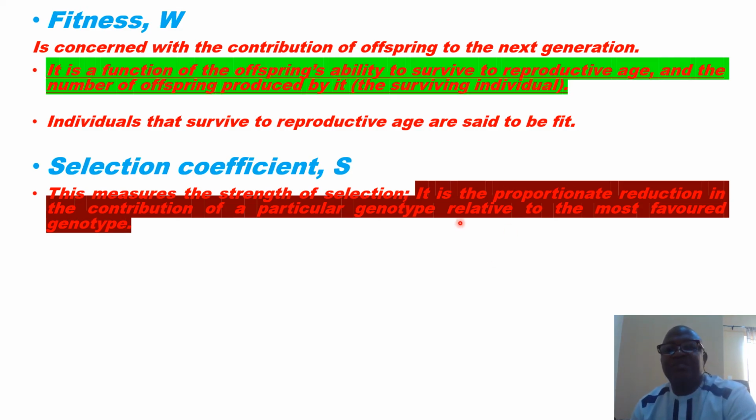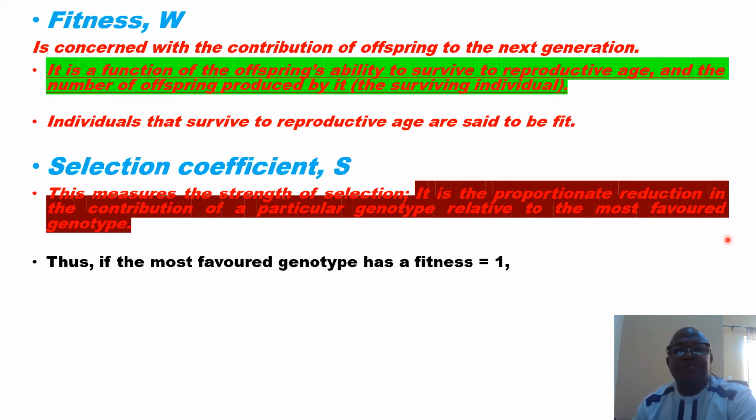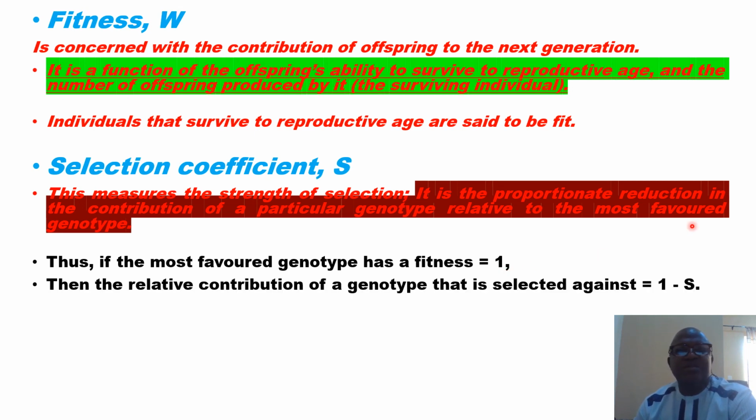It's defined as a proportionate reduction in the contribution of a particular genotype relative to the most favored genotype. Thus, if the most favored genotype has a fitness 1, then the relative contribution of a genotype that is selected against is 1 minus S.